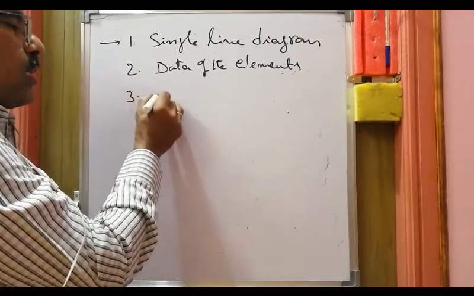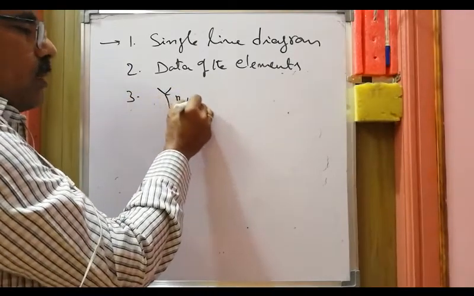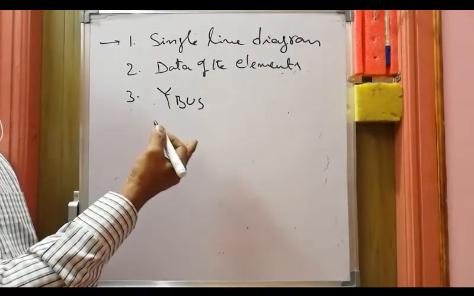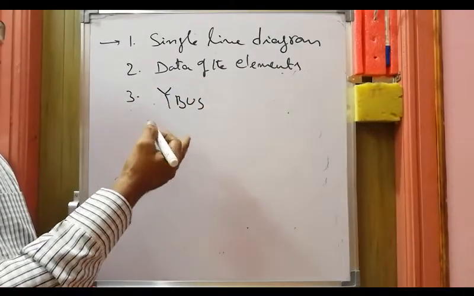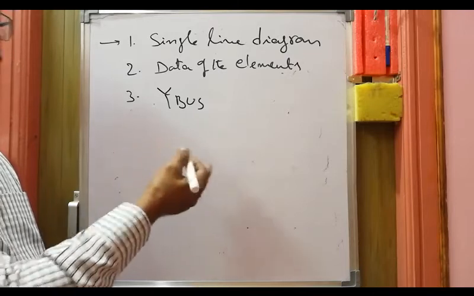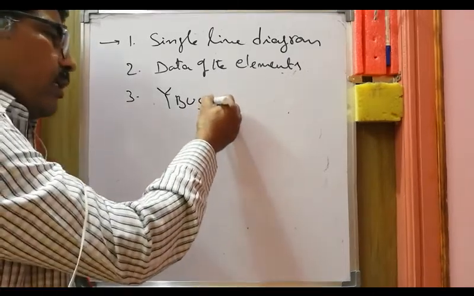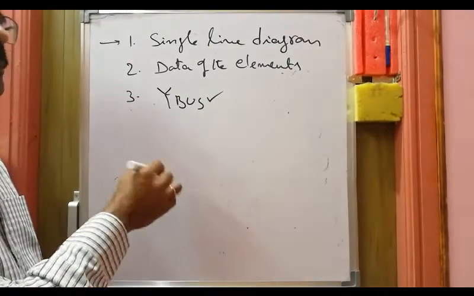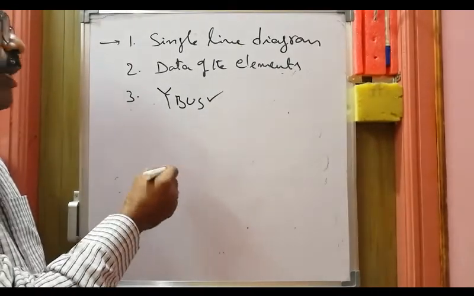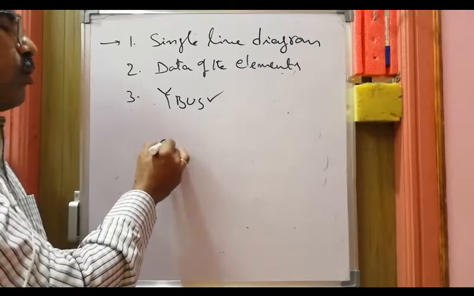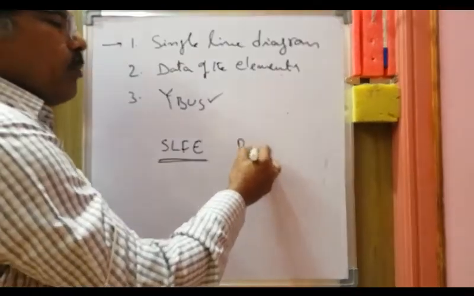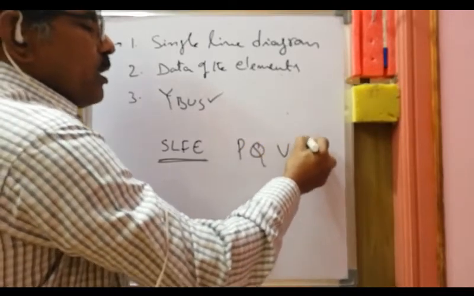Then third one is Y bus. So this is to be formed. All of you know how to form Y bus. You can make use of step-by-step procedure or direct inspection method, and this Y bus is to be formed. Once Y bus is formed, then you can make use of the static load flow equations to solve P, Q, V, delta.